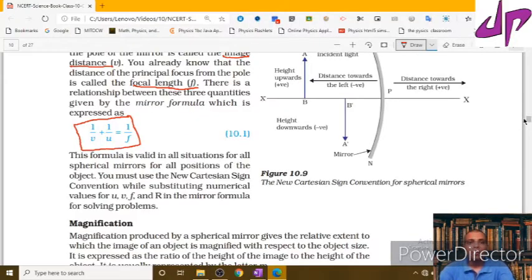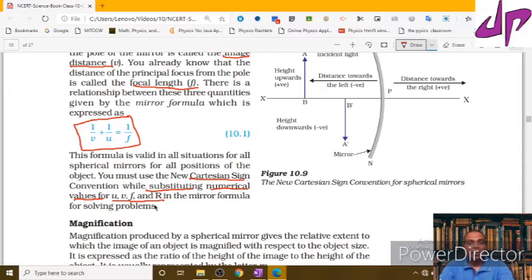One more important point: for solving the problems, we need to use the new Cartesian sign convention while substituting all numerical values of u, v, f and r.